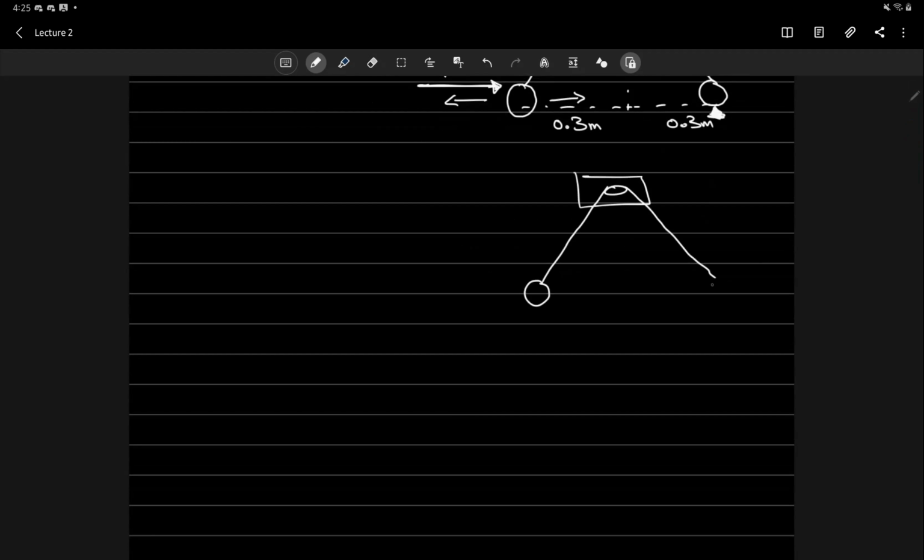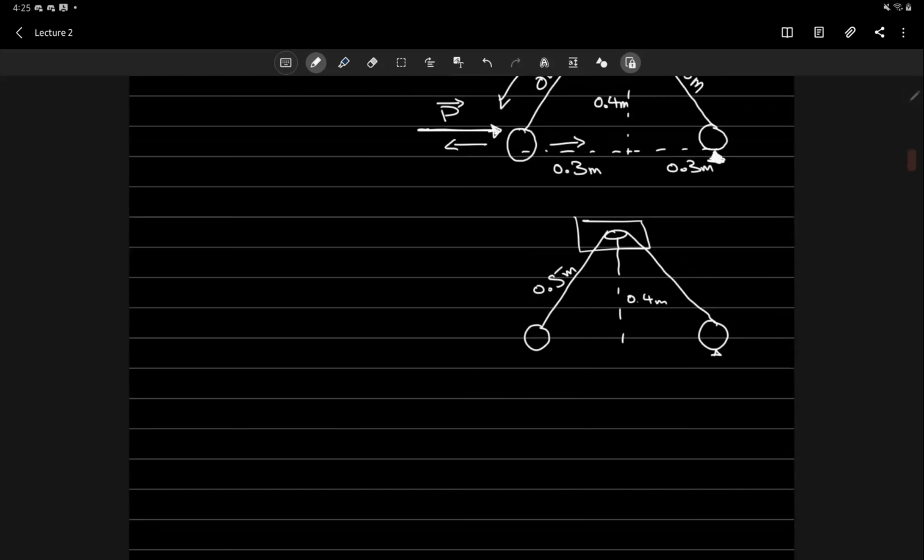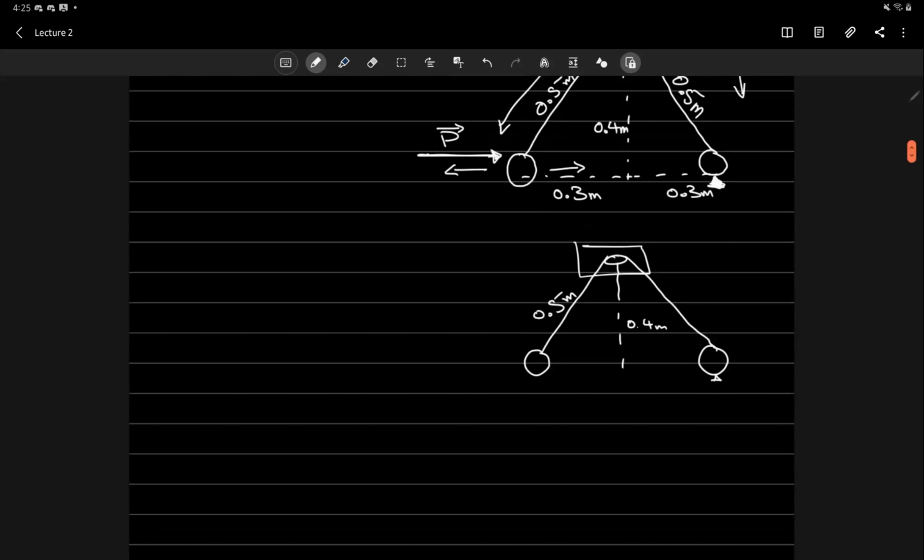One is connected to a roller that can move, and the other one is connected to a pivoted roller. And this distance is 0.4 meters. This one is 0.5 meters, right? And let's resolve the forces along this weight, right?